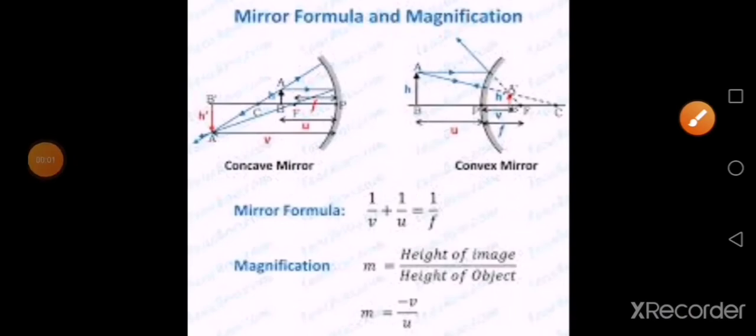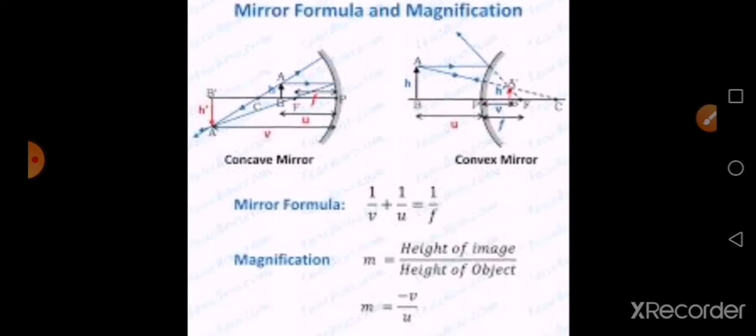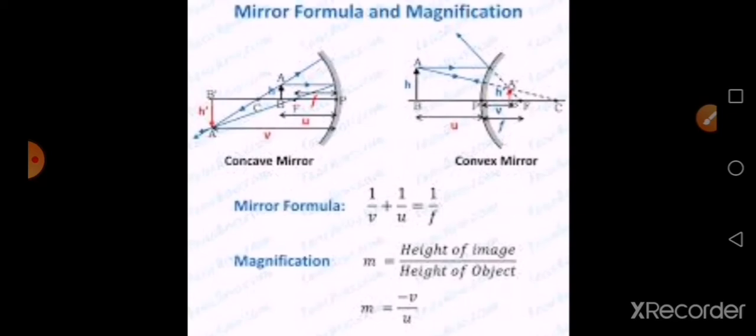Now when you talk about magnification and the mirror formula, some points you have to keep in mind regarding the sign convention for v and u. The first point is that the image can be real or virtual.